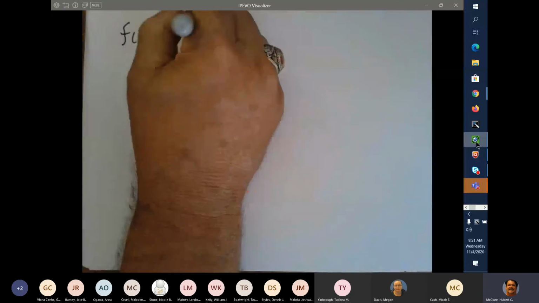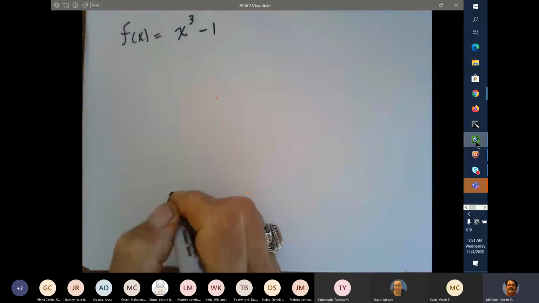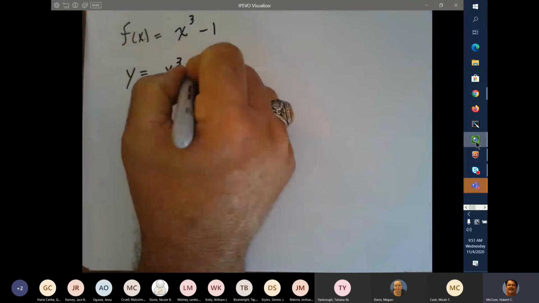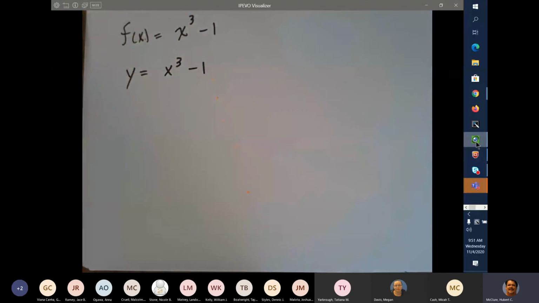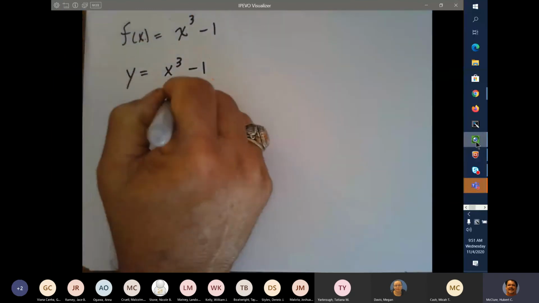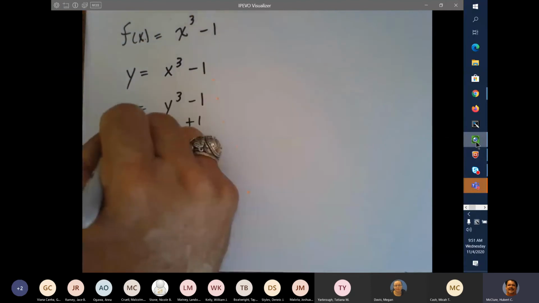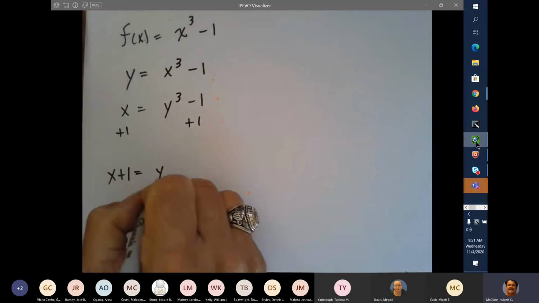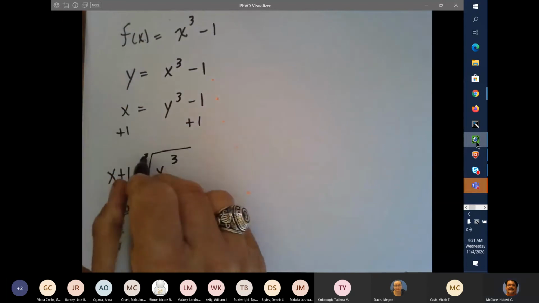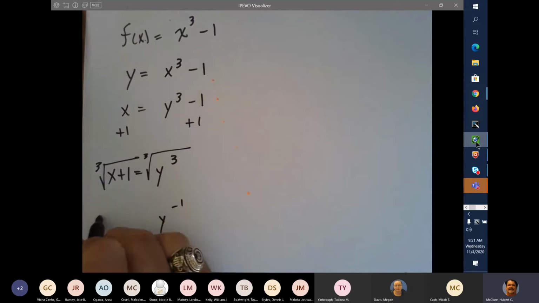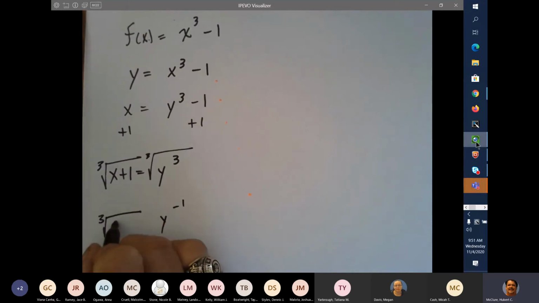F of x is equal to x cubed minus 1. Number 1, write as y. Y is equal to x cubed minus 1. Switch x and y. Solve for y. So y inverse is equal to the cube root of x plus 1.